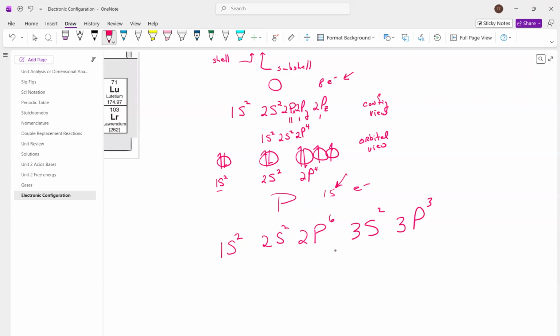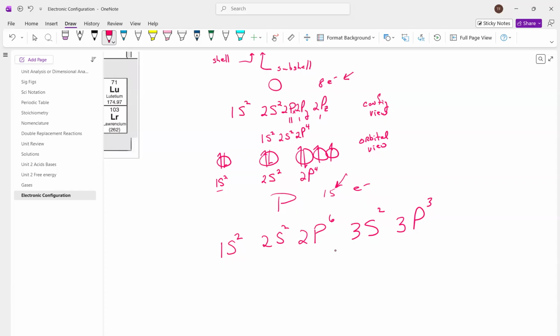So that's electronic configuration, easy for me to say. Phosphorus, yeah. Three parts or is it 4 parts? 3. So each shell is made up of subshells. At level 3, there's 2 subshells.